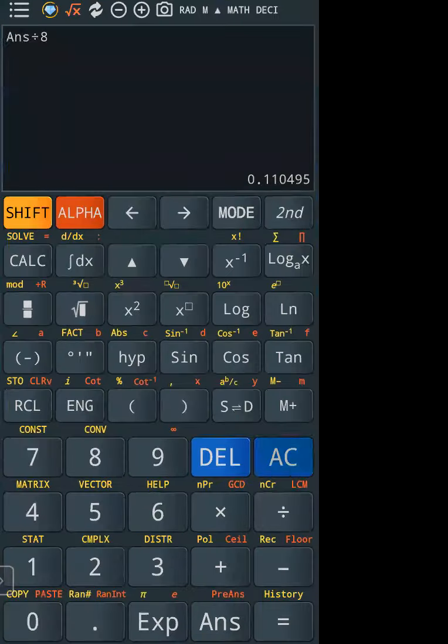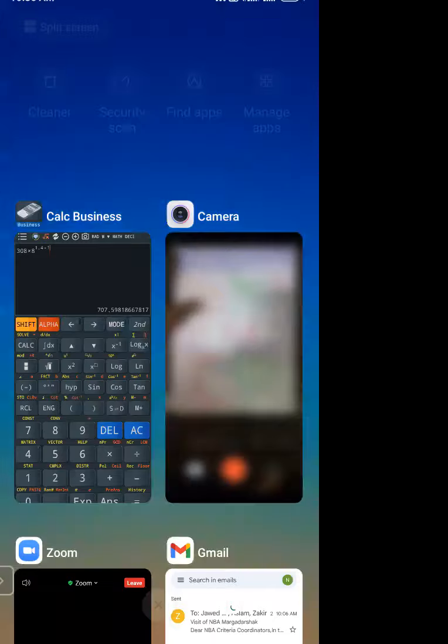It is 308 into 8 raised to power 1.4 minus 1. So the value of T2 we got is 707.6 Kelvin.